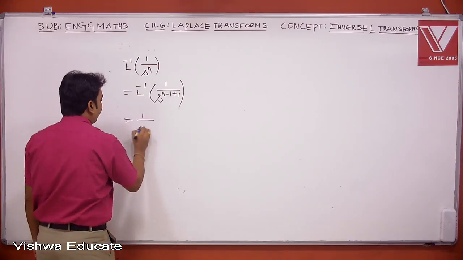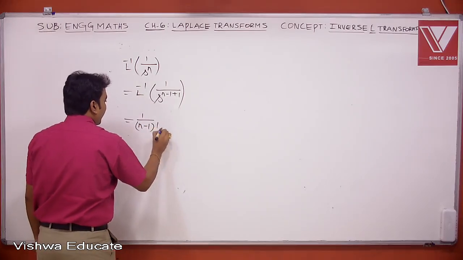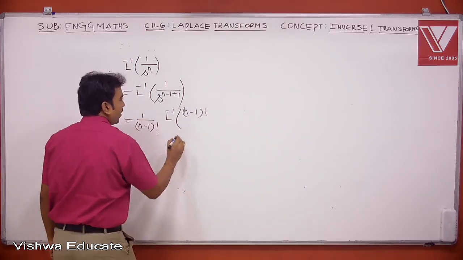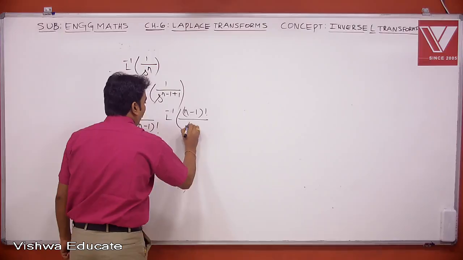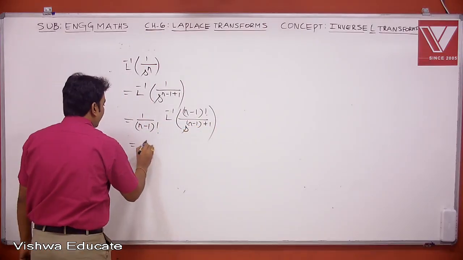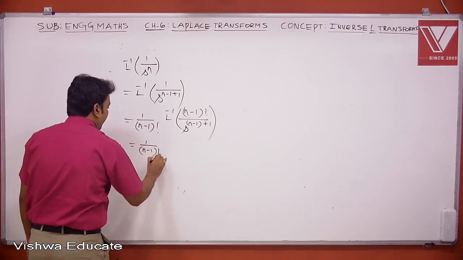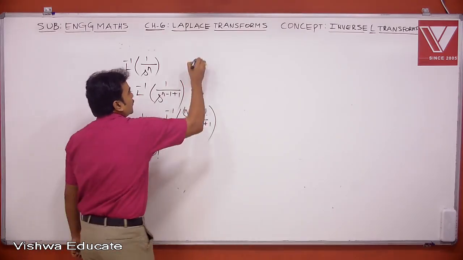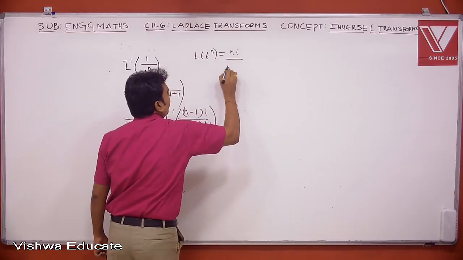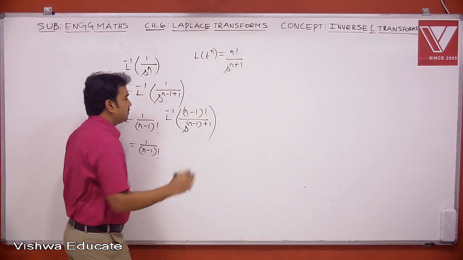So we can divide with 1 by n minus 1 factorial into L inverse of n minus 1 factorial divided by s power n minus 1 plus 1. Therefore this is 1 by n minus 1 factorial into, what is Laplace of t power n? This is n factorial by s power n plus 1.